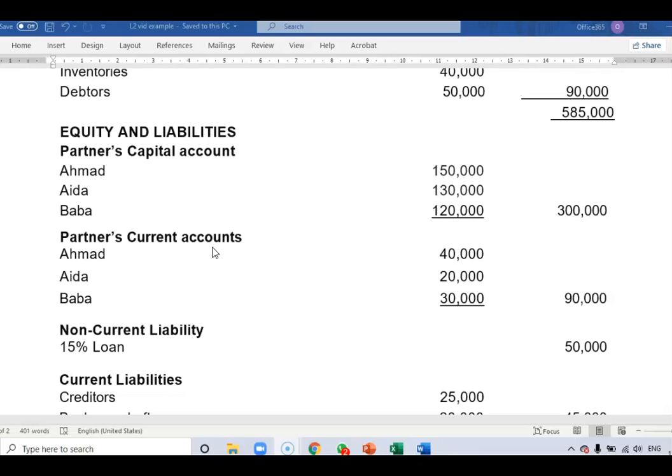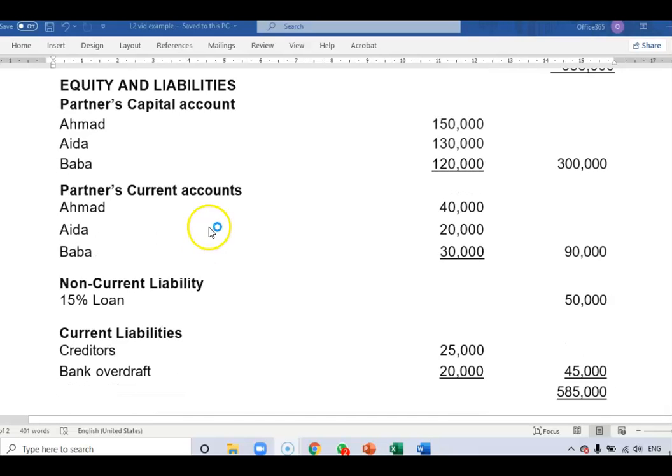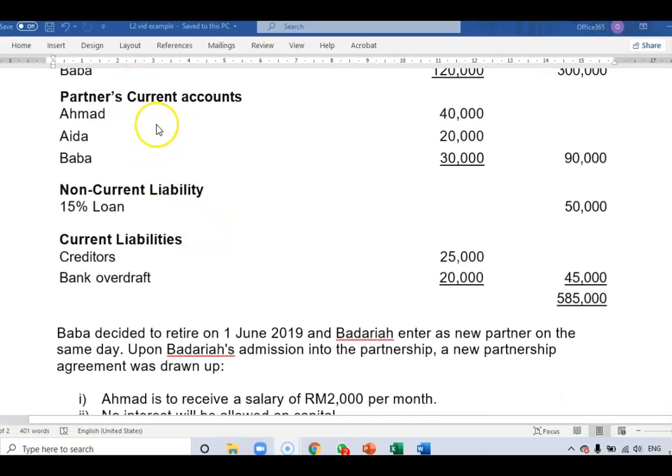You do not have the view of what the net profit amount and the drawings amount are anymore, because all of those will be recorded in the partners' current account. Okay, the same for non-current liability and current liability. Only the equity part changes.